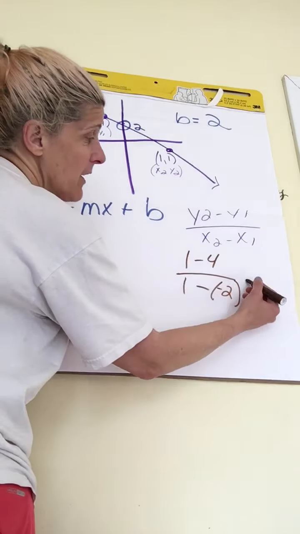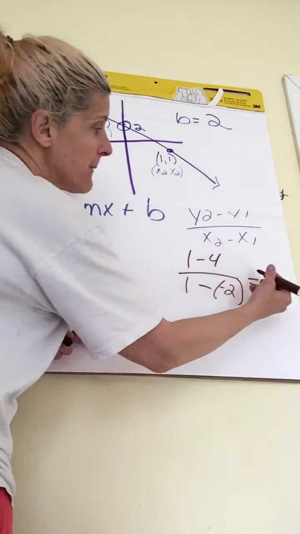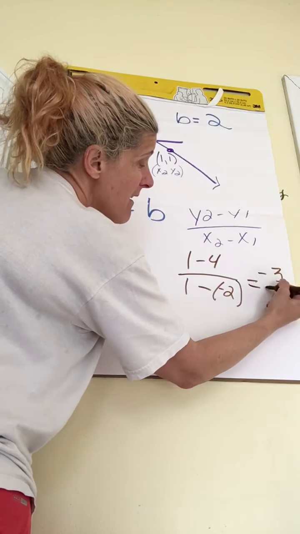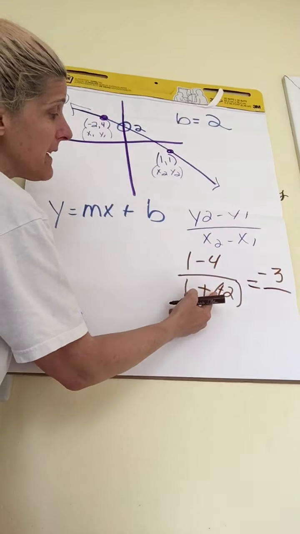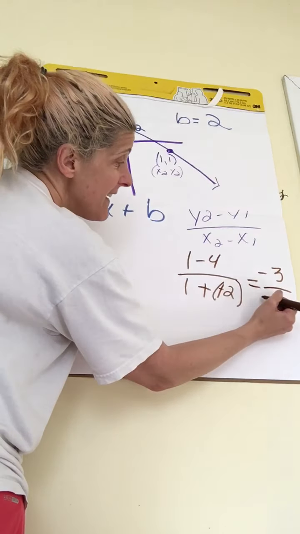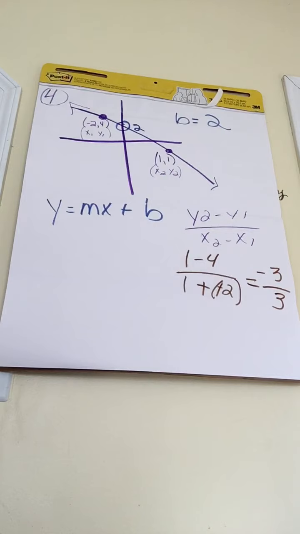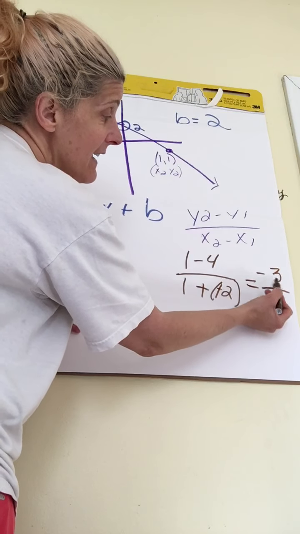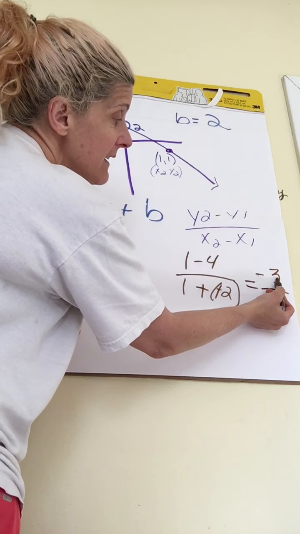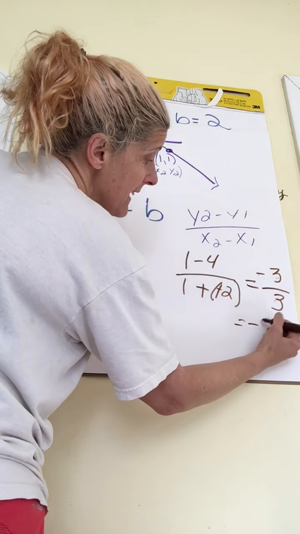Okay, so 1 minus 4 is -3. Add the opposite. 1 plus 2 is +3. Sorry, guys. So I simplify: -3 over 3 simplifies to -1.